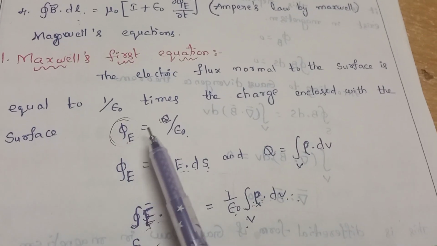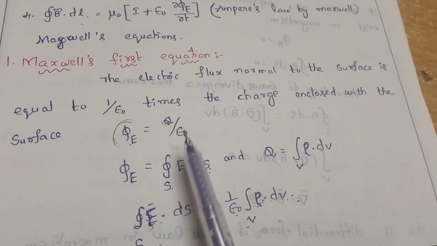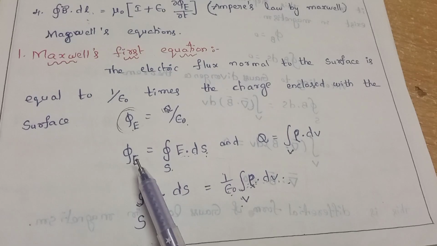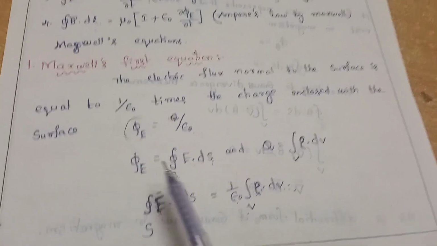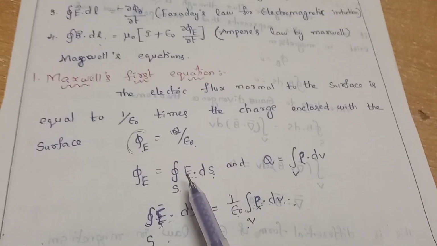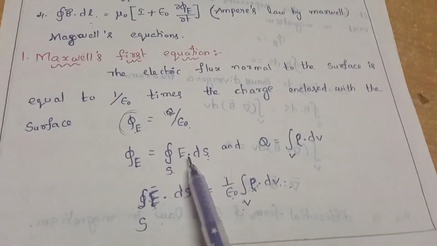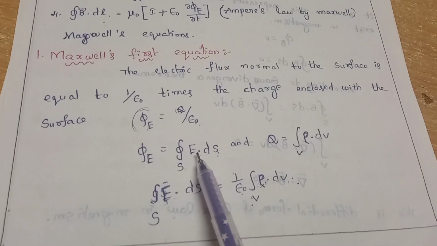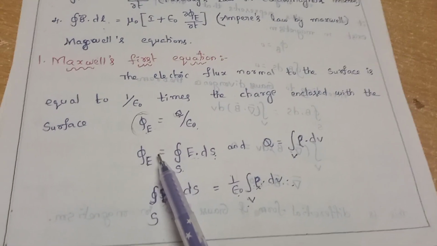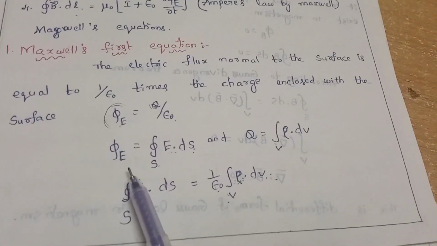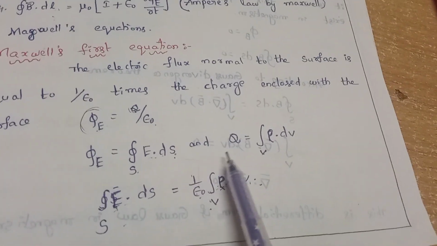So you can write phi e by epsilon naught. But phi e is also known as the closed surface integral of electric field intensity, E dot ds. So the surface integral of electric field is equal to electric flux, and Q is the charge.